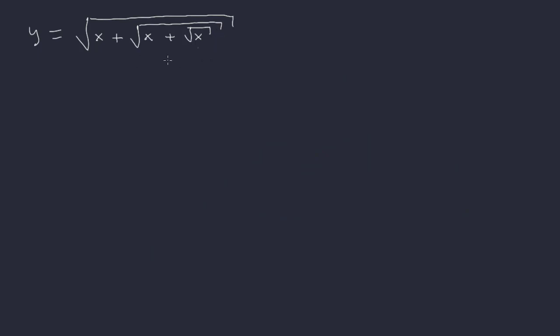All right, here's a sort of a famous problem, or a version of it that I see countless times, which is y equals the square root of x plus the square root of x plus the square root of x. All right, so we have the square root of stuff eventually, so essentially, if I let this on the inside be u, we basically have the square root of u, where u is that junk on the inside, which is the x plus the square root of x plus the square root of x.